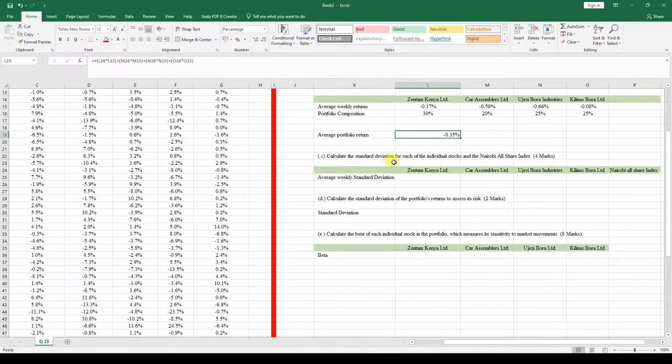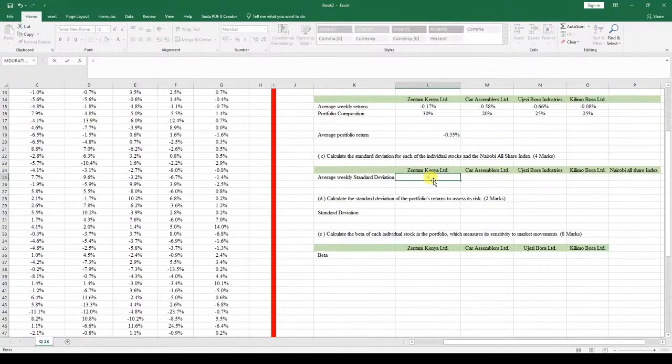Calculate the standard deviation for each of the individual stocks and the Nairobi All Share Index. That's 4 marks. So for the standard deviation, we pick STDEV, not STDEV.P, because we're not picking for the entire population. We want the standard deviation for the sample.